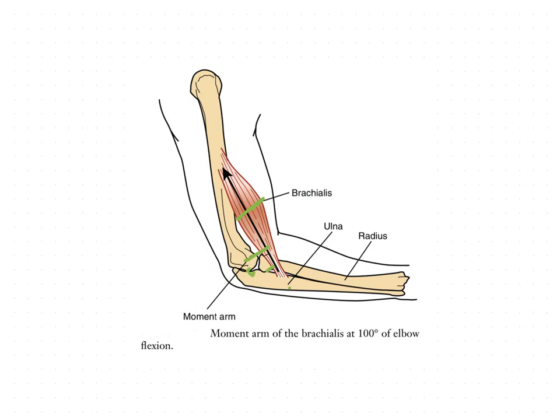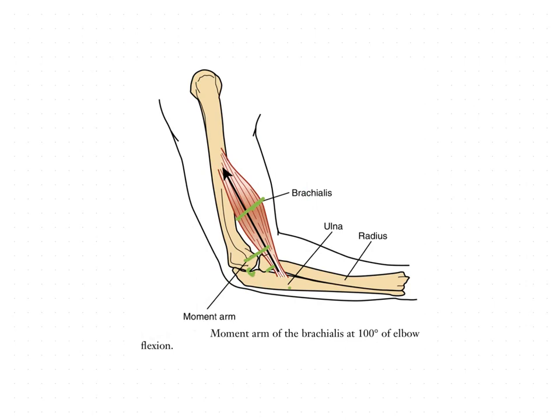What are the elbow flexors? The brachialis, biceps brachii, and the brachioradialis are the major elbow flexors, isn't it? Yes. Now, in the elbow flexors, first we are going to consider the brachialis muscle.